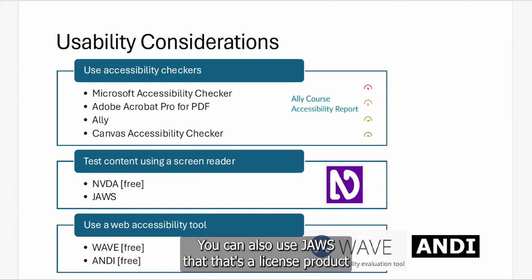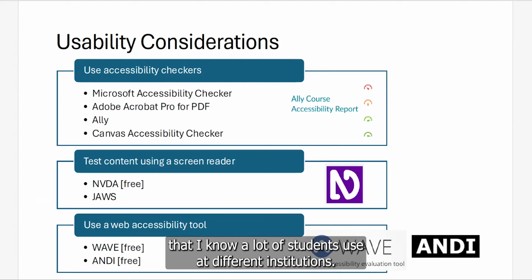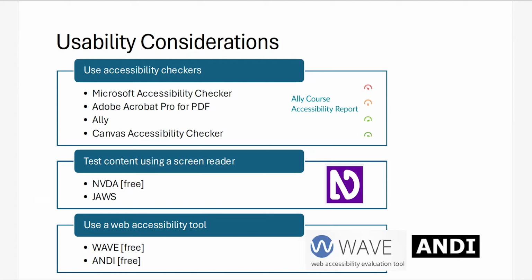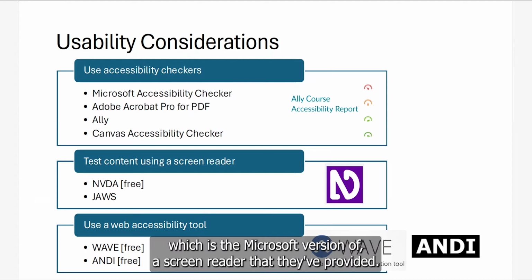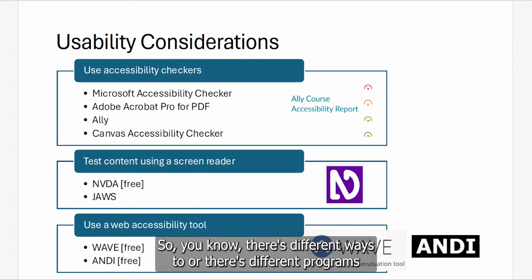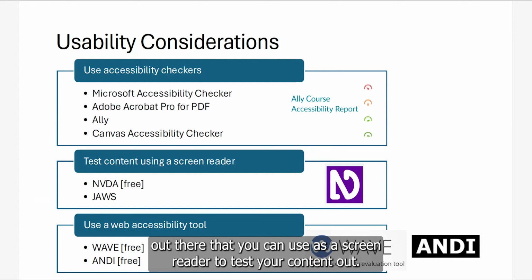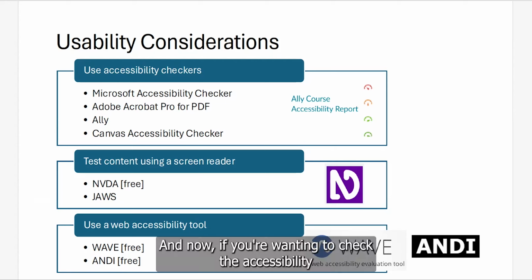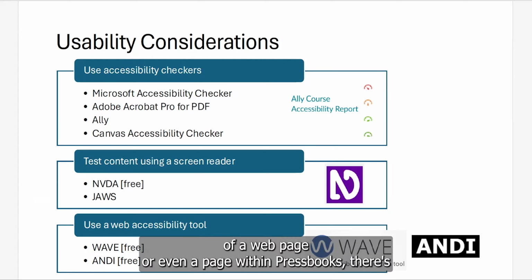That's a licensed product that I know a lot of students use at different institutions. You can also use Speaker, which is the Microsoft version of a screen reader that they've provided. So, there are different programs out there that you can use as a screen reader to test your content out.